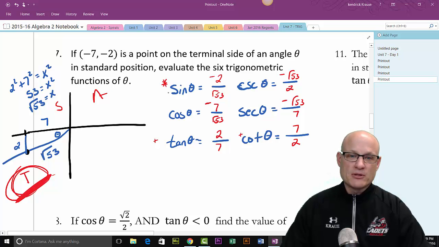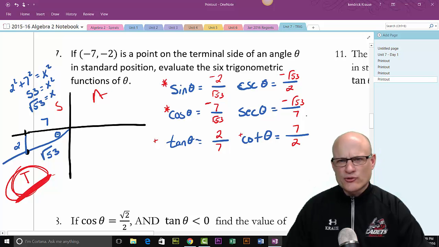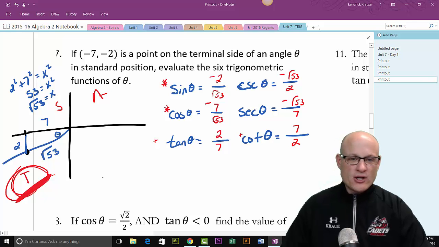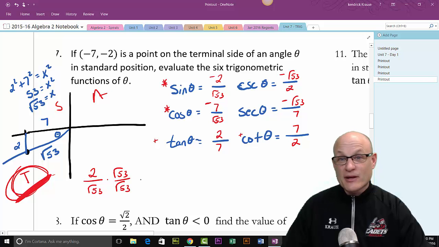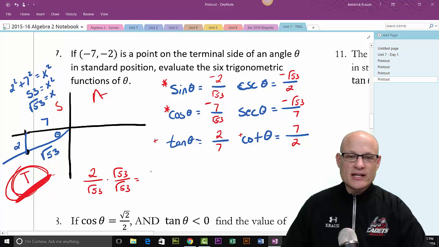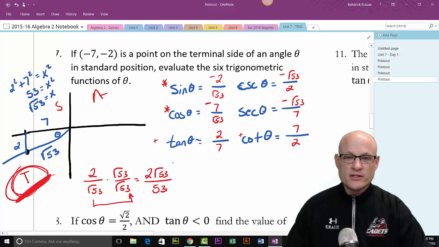These two are problems because we can't leave radicals in the denominator. So I'm going to bring, I don't care about the negative right now, I'm going to bring this 2 radical 53 over here, and I'm going to multiply by radical 53 over radical 53. So I get 2 radical 53 over, and when I multiply these two together, I just get 53. So this isn't quite the right answer.